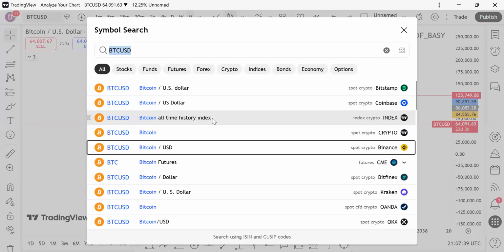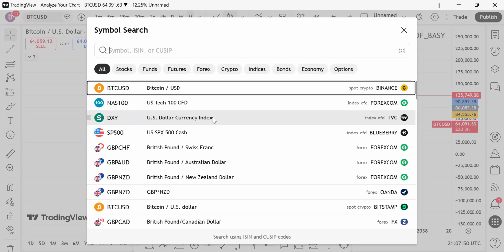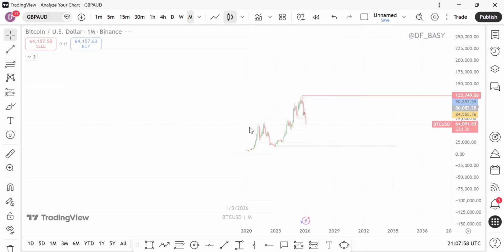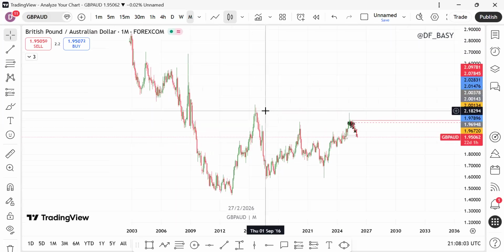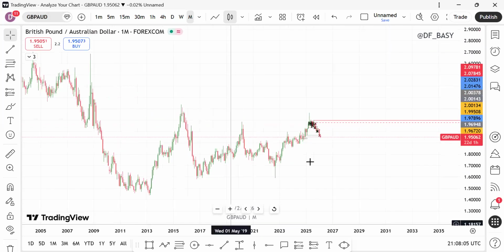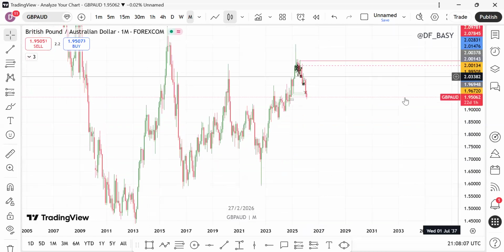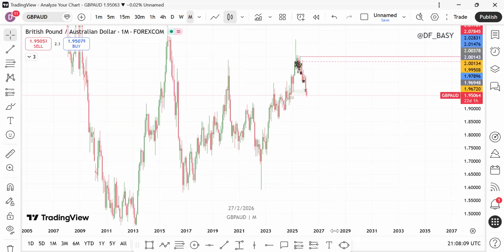All right, so today basically I'll be showing you two things and the class will be just 30 minutes. Still on the advanced course, I showed you market structure, bullish and bearish market structure, how to identify them, and candlesticks.